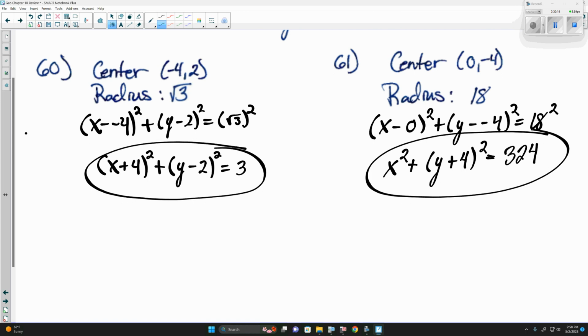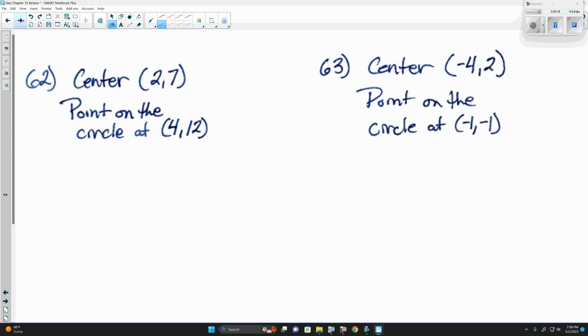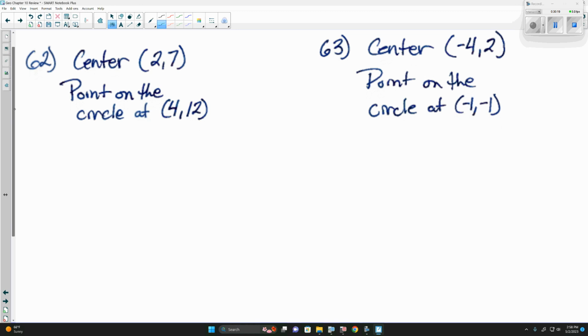Let's look at 62 and 63. So the center of the circle is 2, 7, and 4, 12 is a point on the circle. So we need to find the radius and go from there. So we need the distance formula.